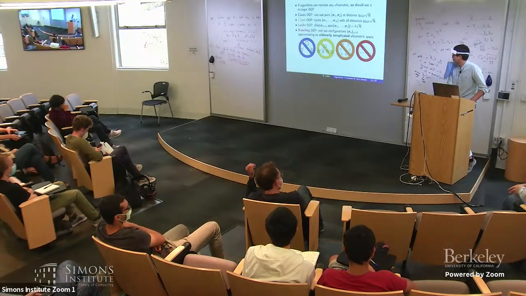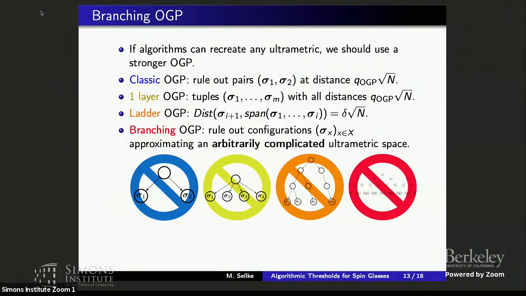Okay, so to be clear, a very complicated ultrametric space is nothing mysterious. It's just a tree that's kind of branching constantly at all levels. So it's a tree that branches maybe every depth delta or something. But as you can see, it's going to be more complicated than these other types of configurations.